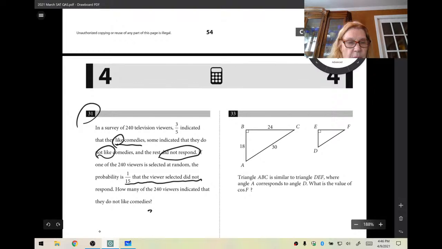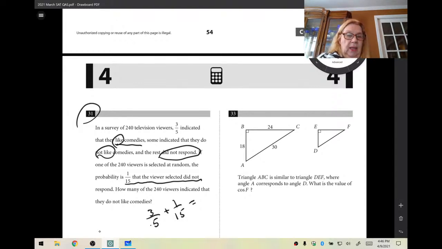So if we have 3/5 plus 1/15, we need to get a 15 here, so multiply this by 3.